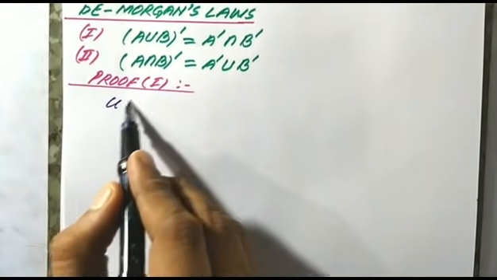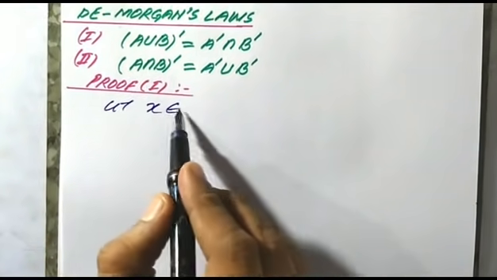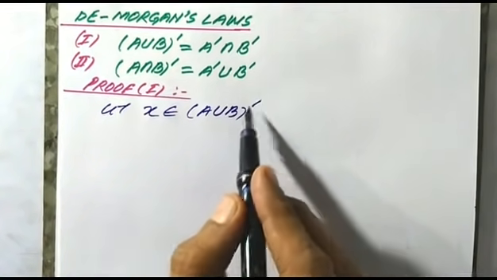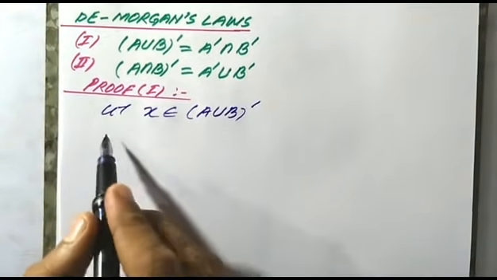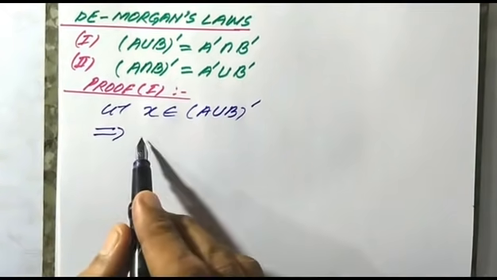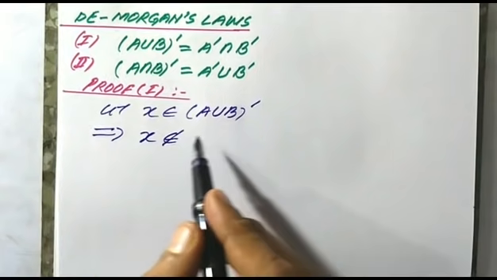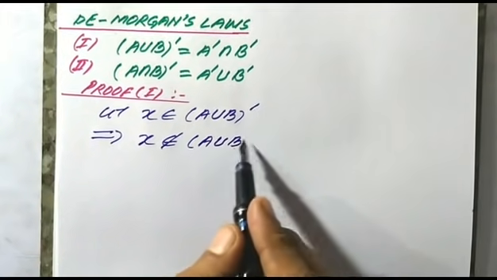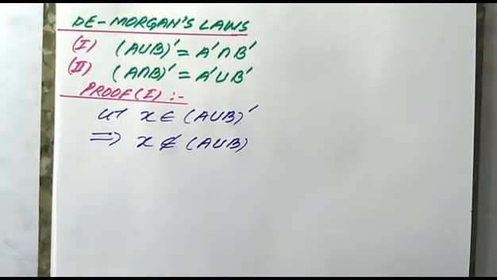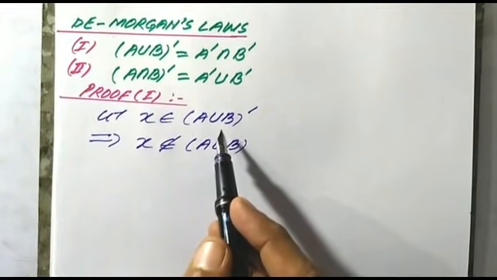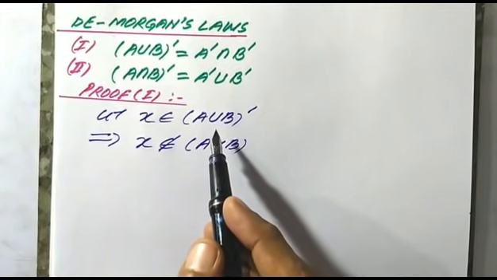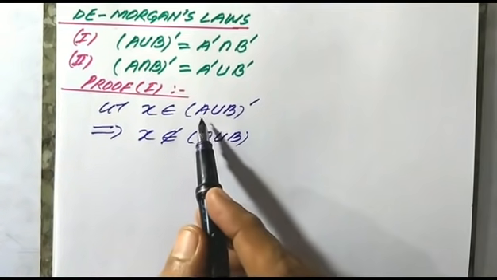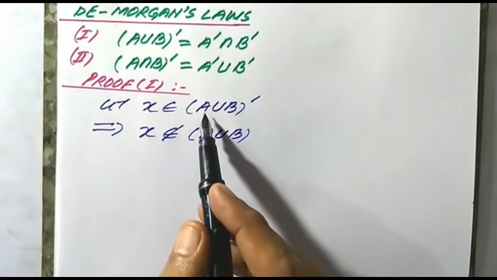Let X belong to A union B complement. It implies that X does not belong to A union B. As you know, the complement of a set is a set which contains all the elements of the universal set which are not in the set whose complement we are taking.